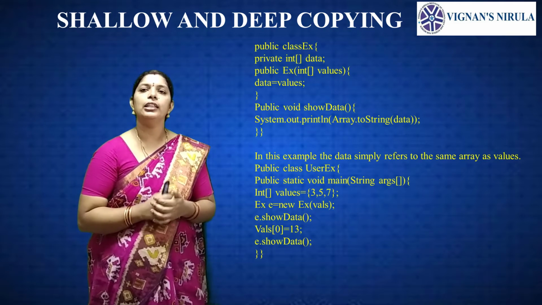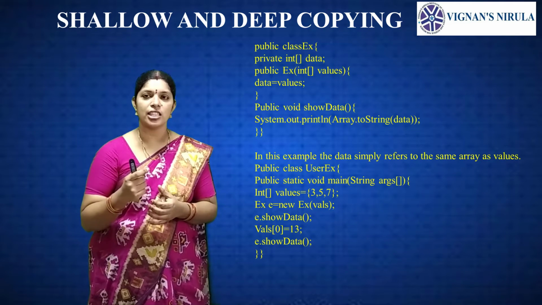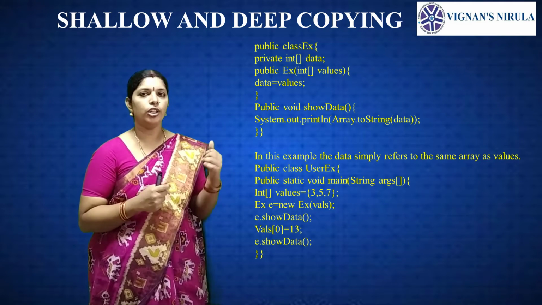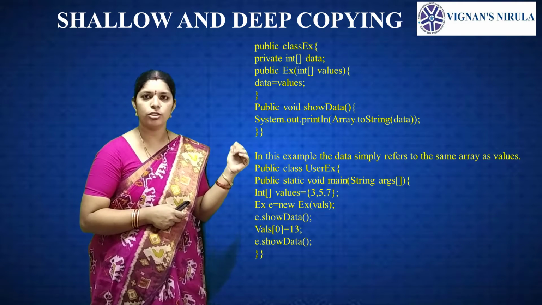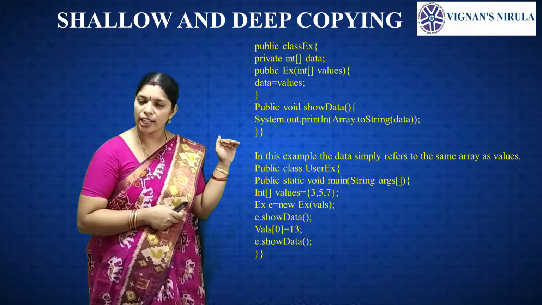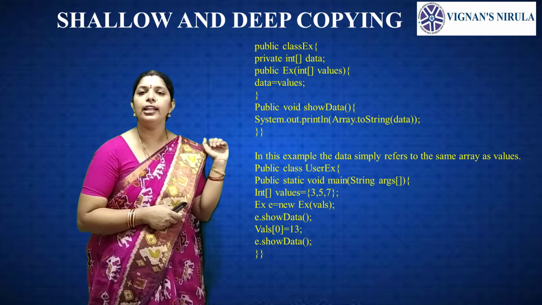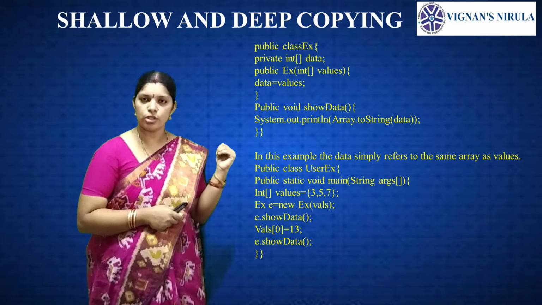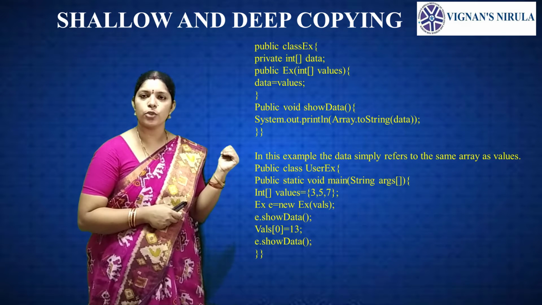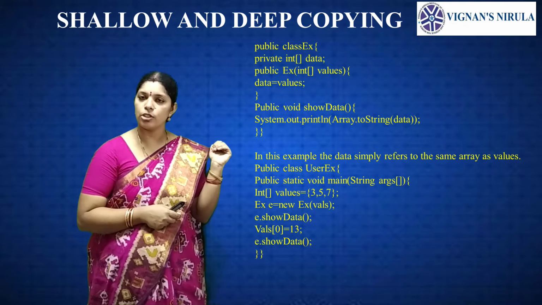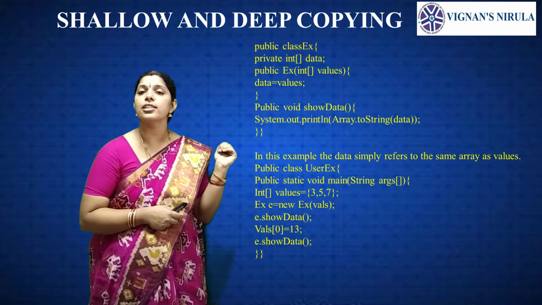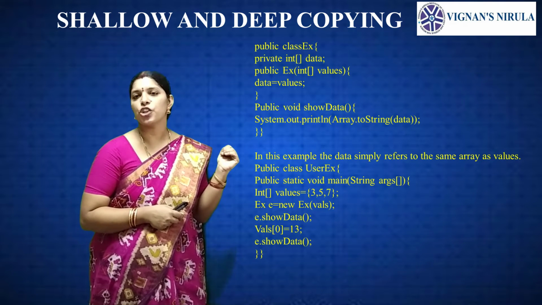In this example, data simply refers to the same array as values. So here the public class UseEx has one method, public static void main String args, and an integer array values equals to 3, 5, 7, multiple values of the same integer type.